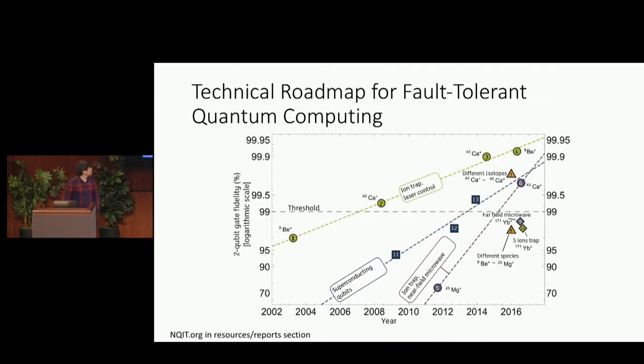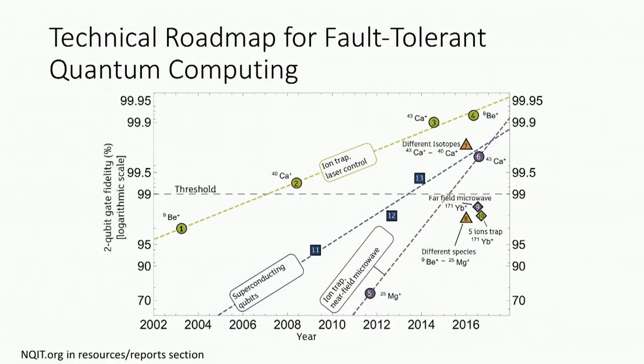Okay, here is a roadmap for fault-tolerant quantum computing. Here you can see the threshold for the two-qubit gate is 99%, and for all 3 systems now we can already achieve this threshold.